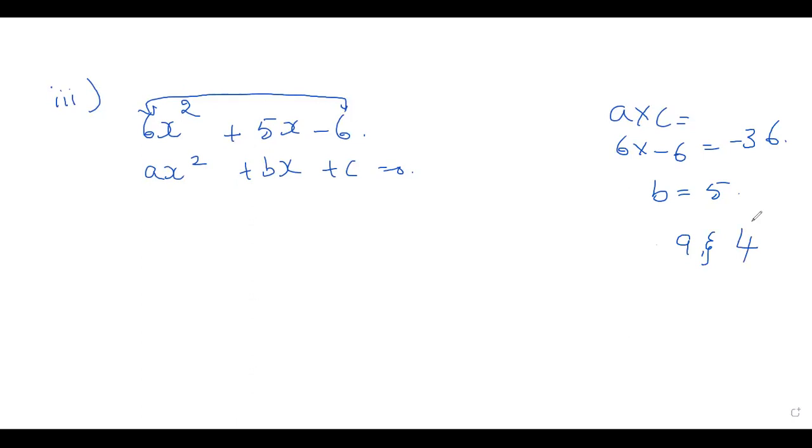Okay, 9 fours are 36, and 9 minus 4 gives 5. 9 into 4 is equal to 36.